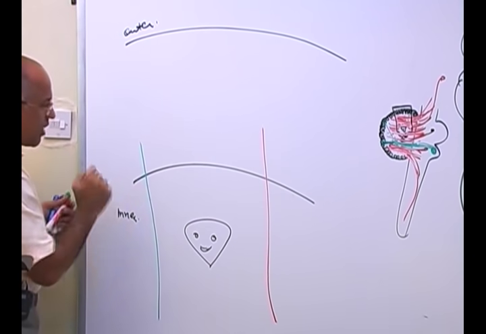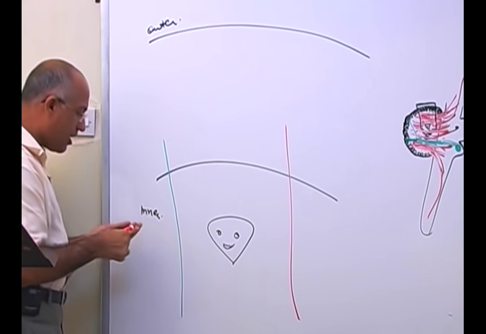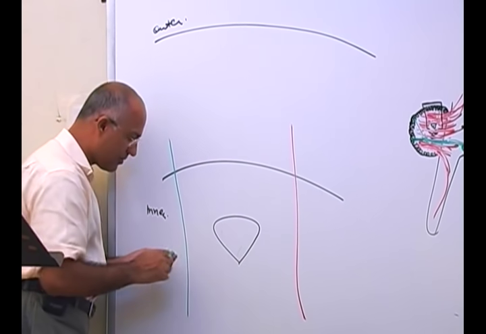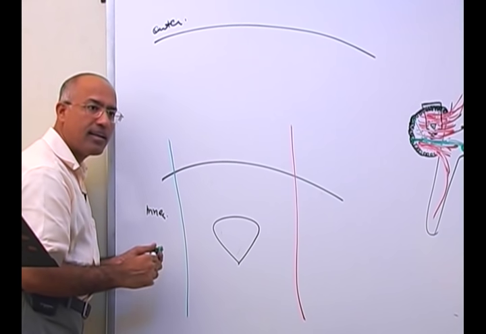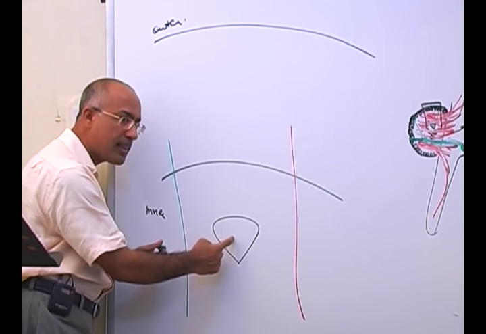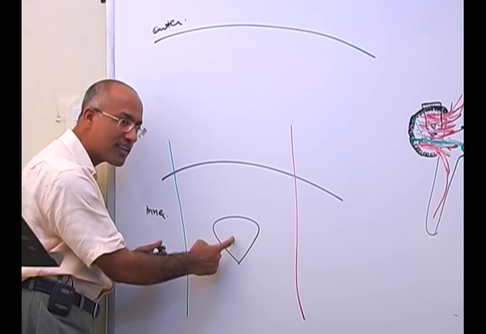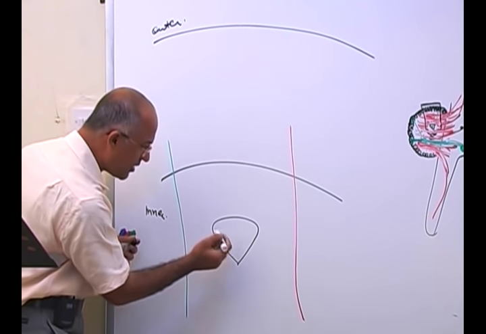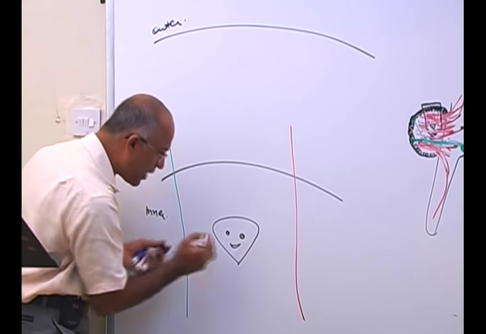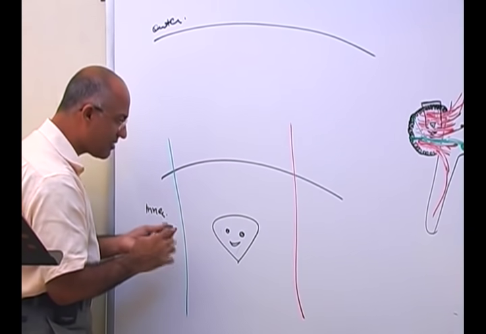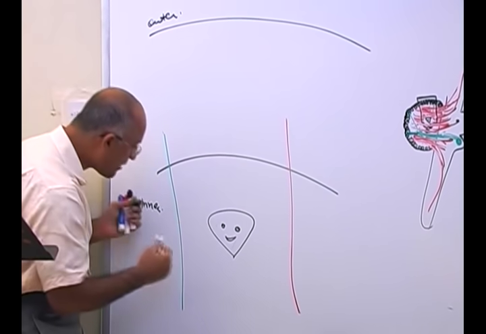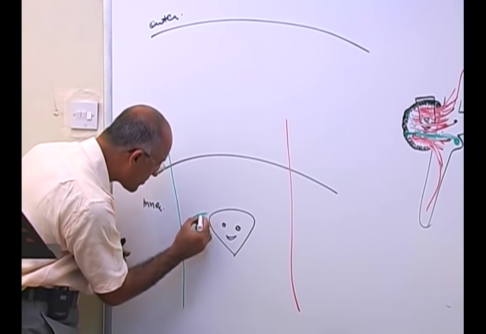Now, once these fibers come, on the way, let us suppose this is one neuron of the deep cerebellar nucleus. Why is it smiling? Because all these fibers, before they go to the cortex, have to say hello to it.